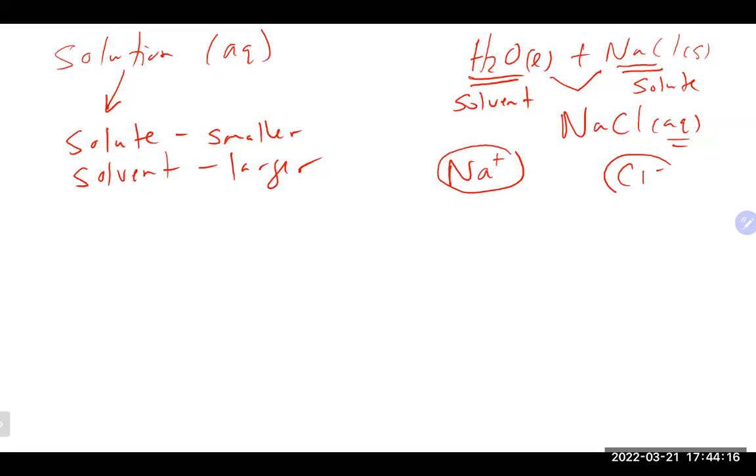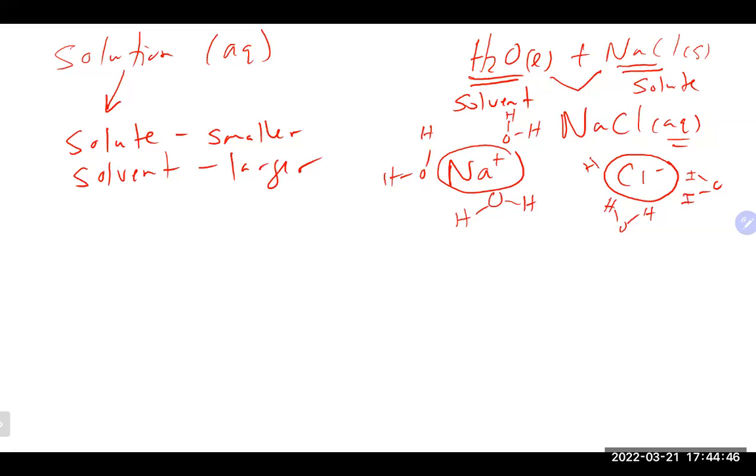Because water is a polar molecule, there's a positive side and a negative side to water. The negative side of water, the oxygen side, will surround the sodium ions in solution. The positive side of water, the hydrogen side, will surround the negatively charged ions in solution.